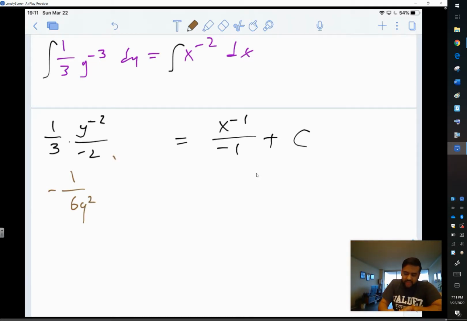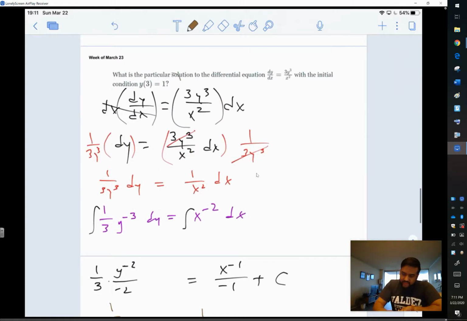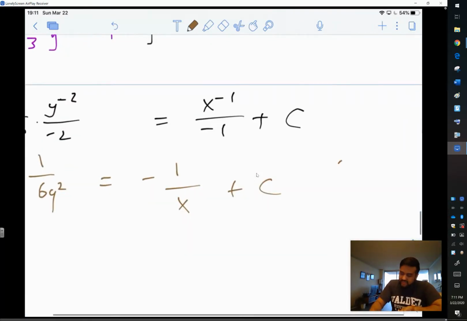So make sure you can recognize that these two things are equivalent. Over here, I have negative 1 over x. This dictates the sign, and then x to the negative 1 is 1 over x plus c. My given point, which was up here, is 3, 1. So I'm going to use that at this point to find the value of c.